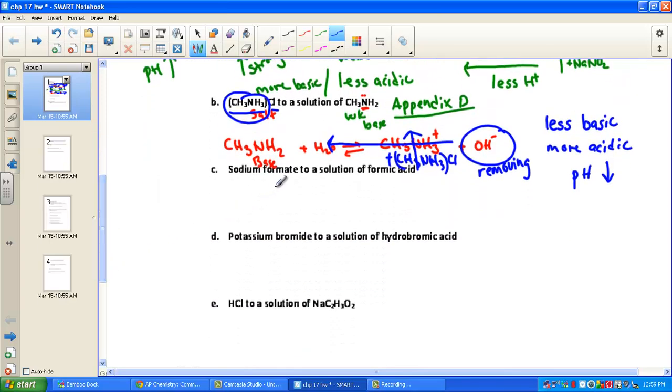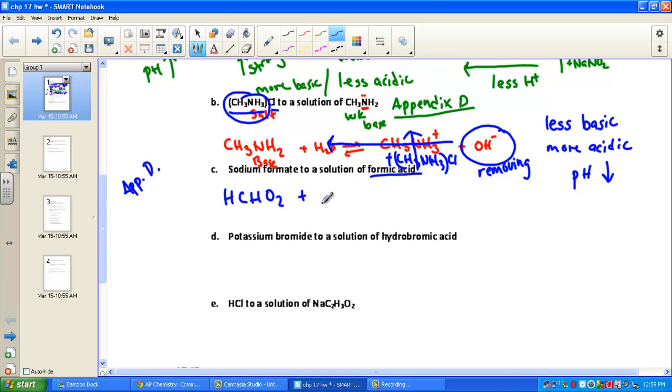Let's try another. Sodium formate in formic acid. Again, I don't know the formula of formic acid, but I have an Appendix D. Appendix D is the tool that could help me find formic acid's formula. Approximately less than halfway down, I'm finding formic acid, HCHO2.